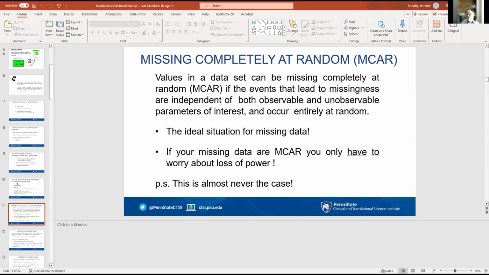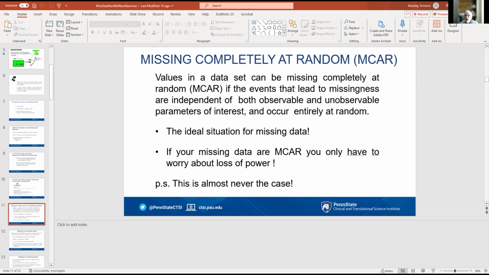The first class that Rubin defined was called missing completely at random, or MCAR. Values in a data set can be missing completely at random if the events that lead to missingness are independent or unrelated to either observable or unobservable parameters of interest. This is the ideal situation for missing data.